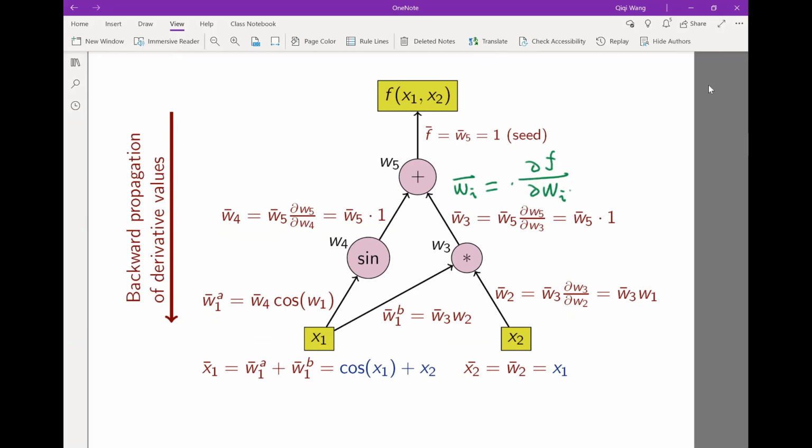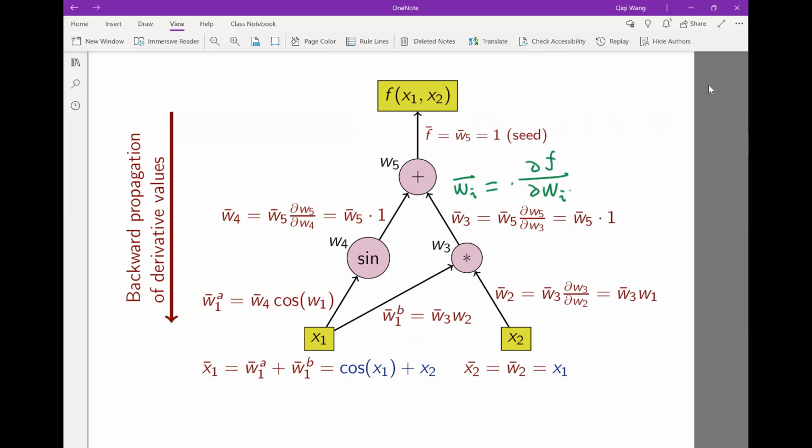We only know the derivative of the output with respect to the result of the last computation, which in this case is the plus, because the last computation actually produces the output. So the derivative of the output with respect to the result of the last computation is actually 1, because it's the derivative with respect to itself.